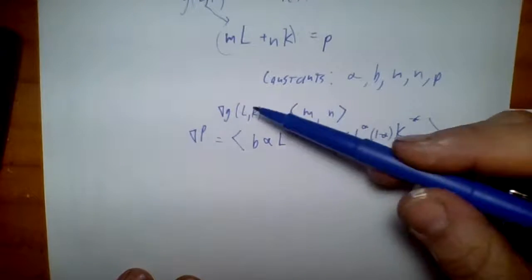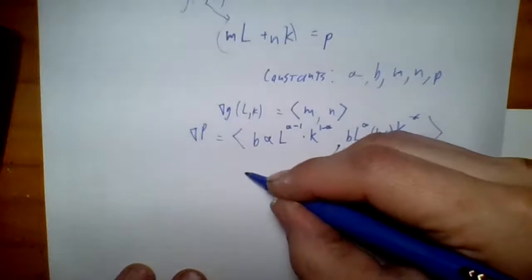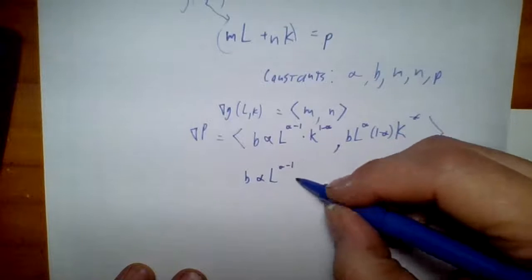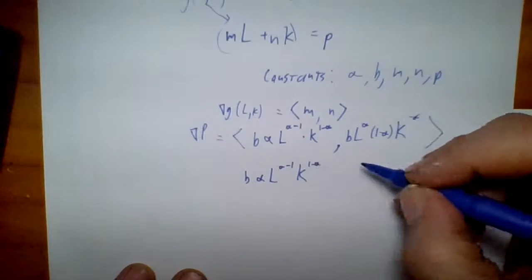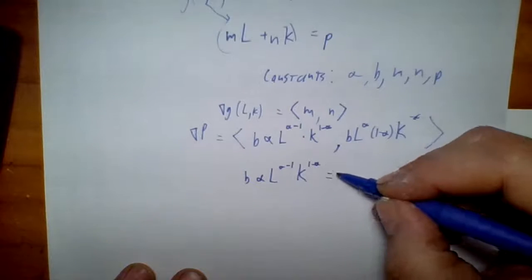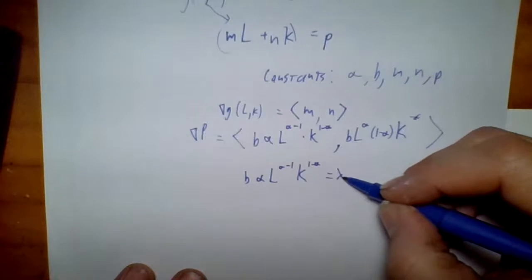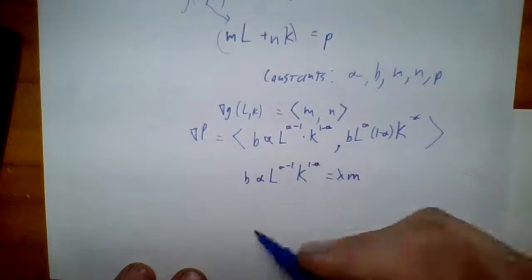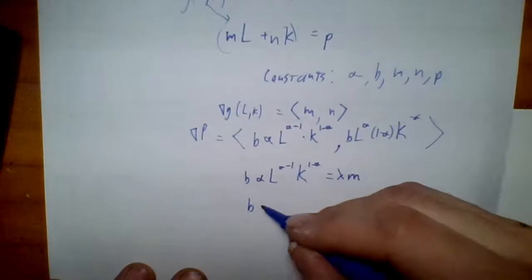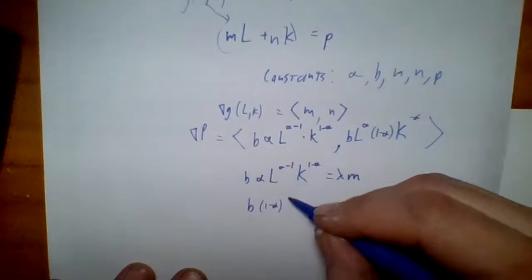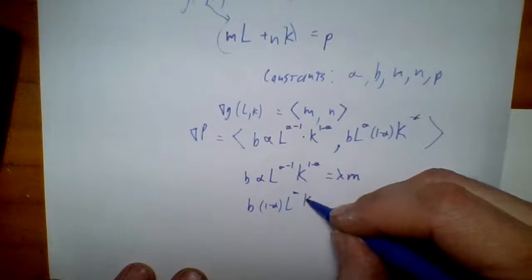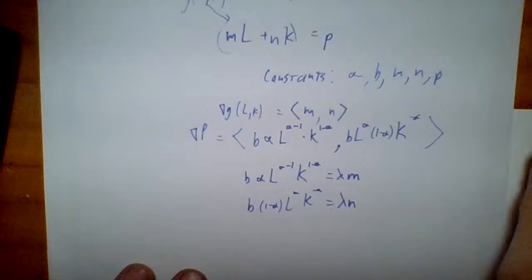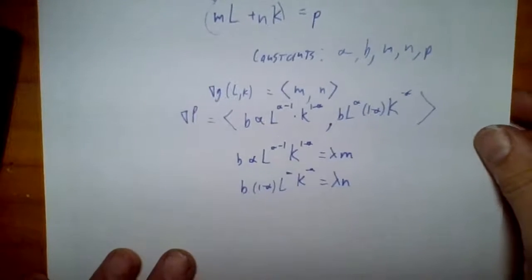So I've got B alpha, L to the alpha minus 1, K to the 1 minus alpha equals lambda times M. And for this one, B 1 minus alpha, sorting things out a little bit, the same expression equals lambda times N.